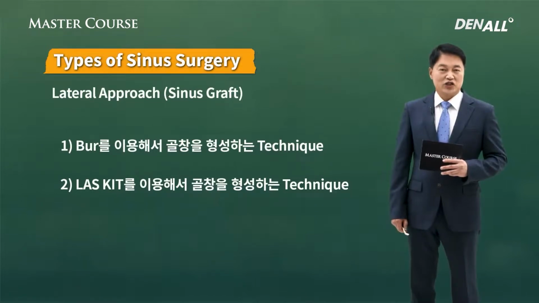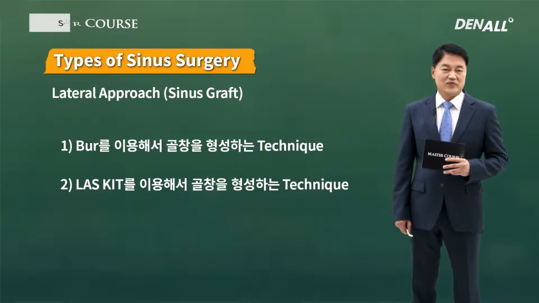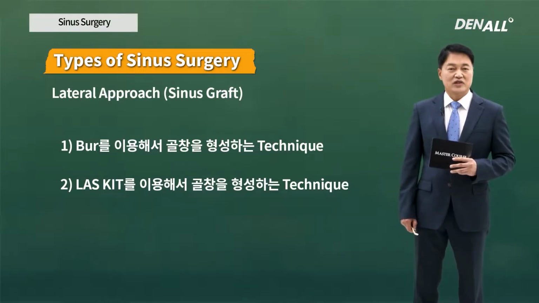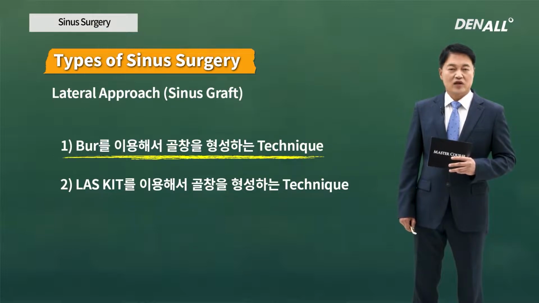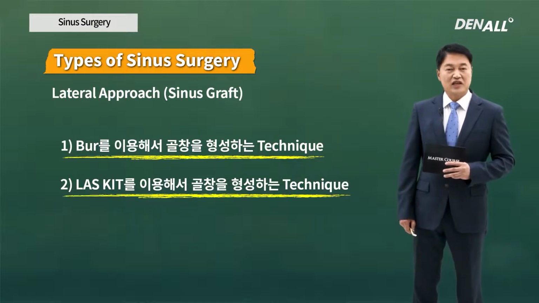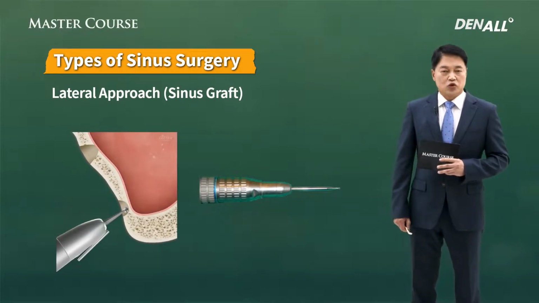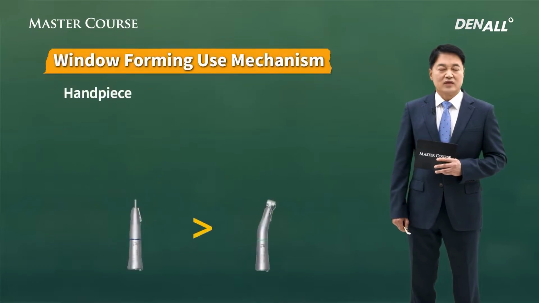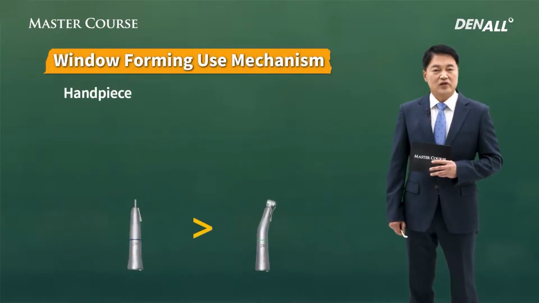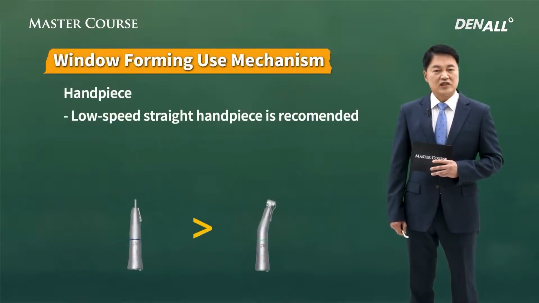Next, I'm going to talk about the lateral approach, in other words, sinus graft. As mentioned before, you use a burr or you can use the LAS kit to create the window. First, the traditional method using a burr. For the handpiece, you need to use a low-speed straight handpiece.